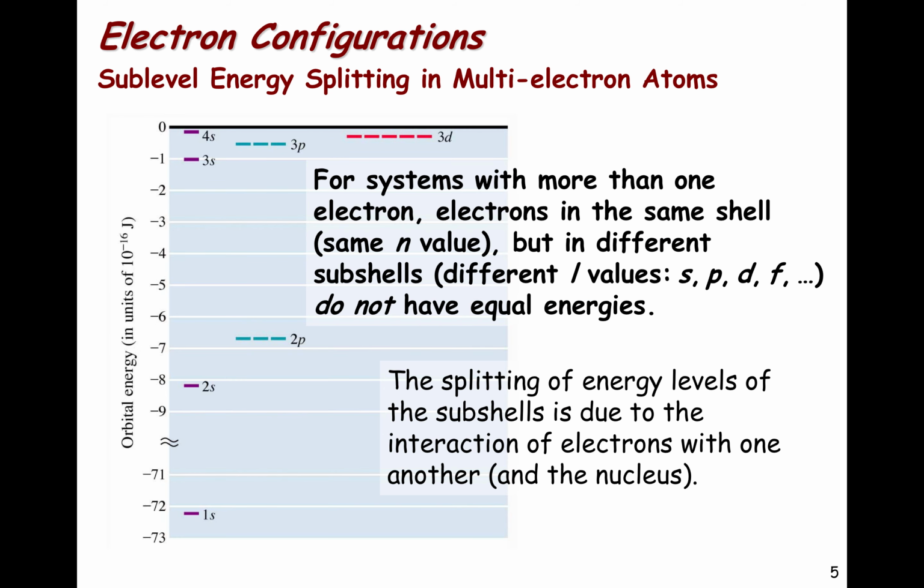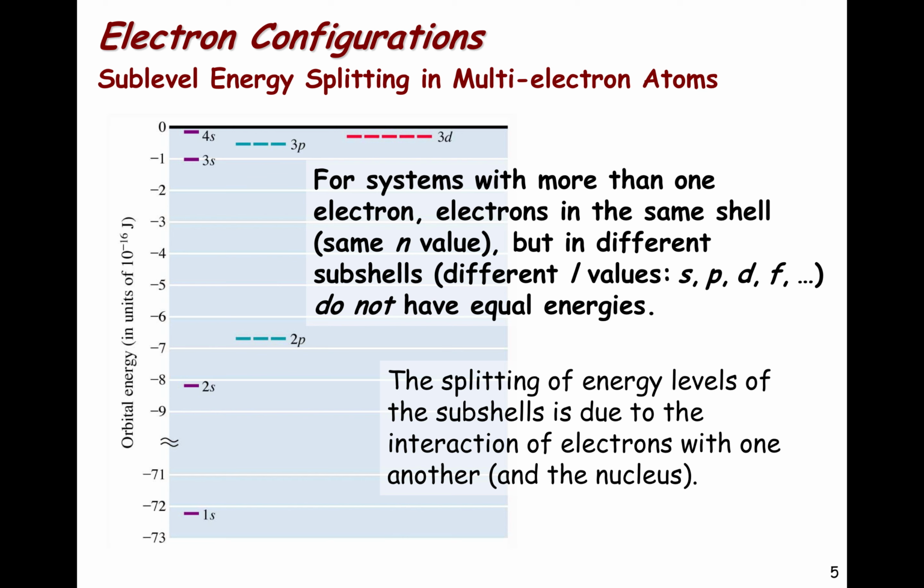As a result, a better description of the complexity of the emission spectra was arrived at by realizing that the various subshells did not occur at the same energy, but there was a relative ordering within the shells.